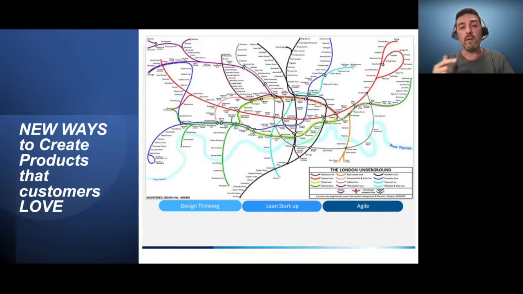Because we are kind of finding new ways of creating products, and the end result here is that we need to create products that customers love. If the customers are not adopting greatly, willingly, and really loving our products, the exponential growth will not happen.